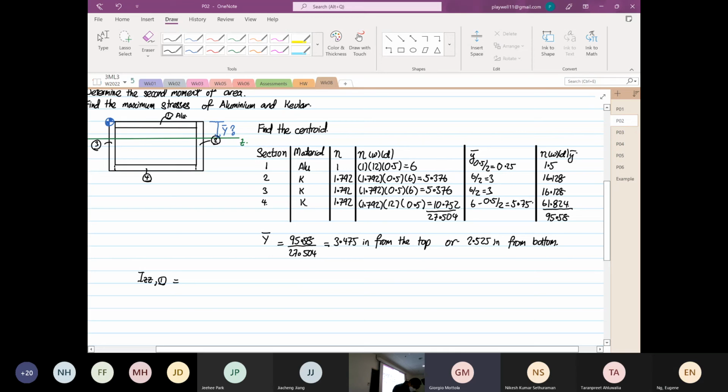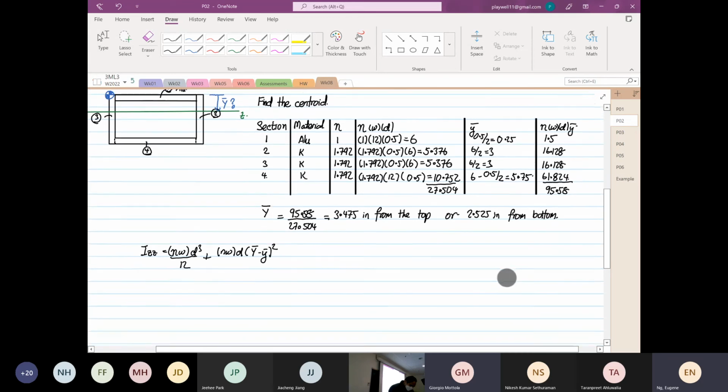IZZ1. So let me write out the formula first, okay? So IZZ is equal, because it's sandwich material, it's N W D cubed over 12 plus N W D multiplied by big Y bar minus small y bar squared. Okay, so that's the formula that we are going to apply.